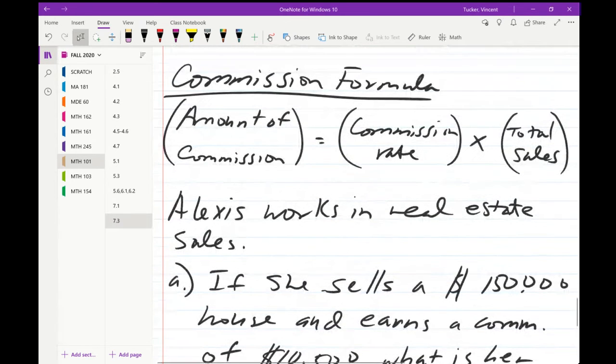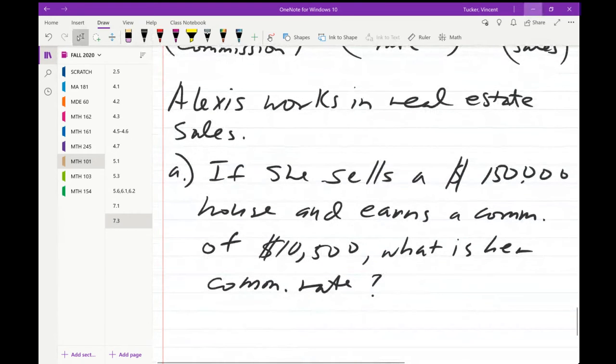All right, so commission formula. The amount of commission is equal to the commission rate times the total sales. Alexis works in real estate. Say she sells a $150,000 house and earns a commission of $10,500. What is her commission rate?